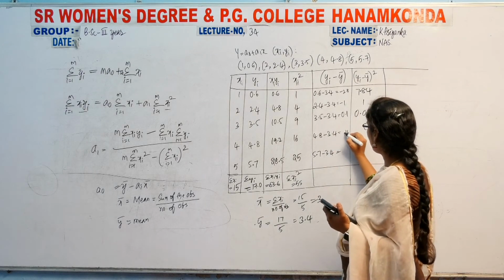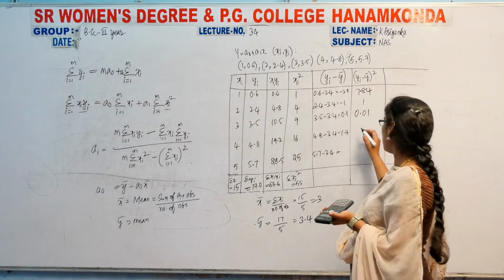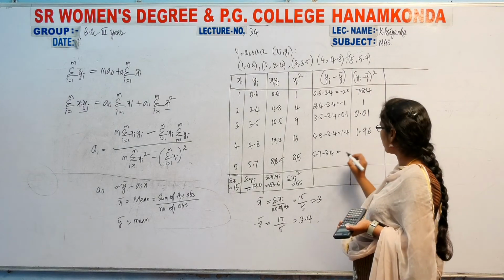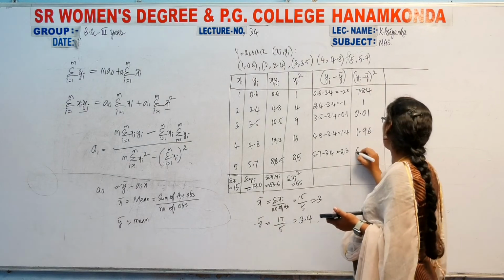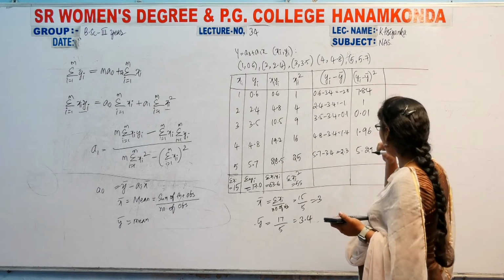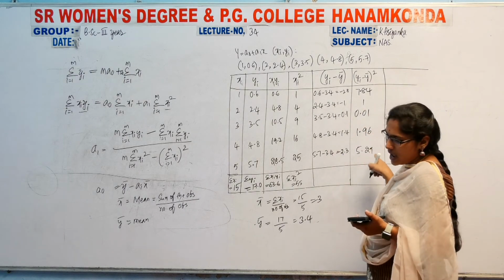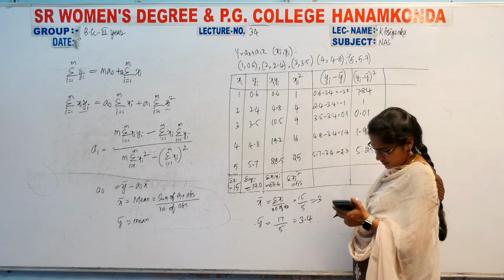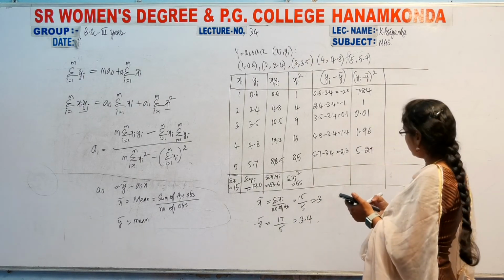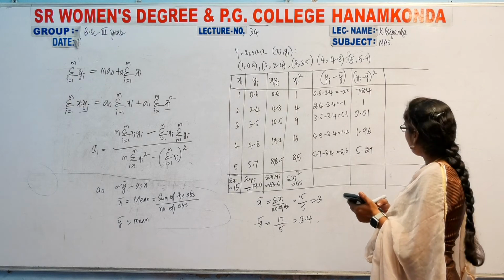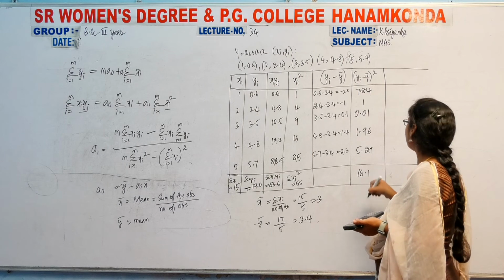Next, 1.4, 14 square is 196, so 1.96. Next, 2.3, 23, now 529, this is 5.29. Okay. Again here there is no need to take the summation here, because we have to take the summation of this one. And here just add all this: 7.84 plus 1 plus 0.01 plus 1.96 plus 5.29. We have the value 16.1.